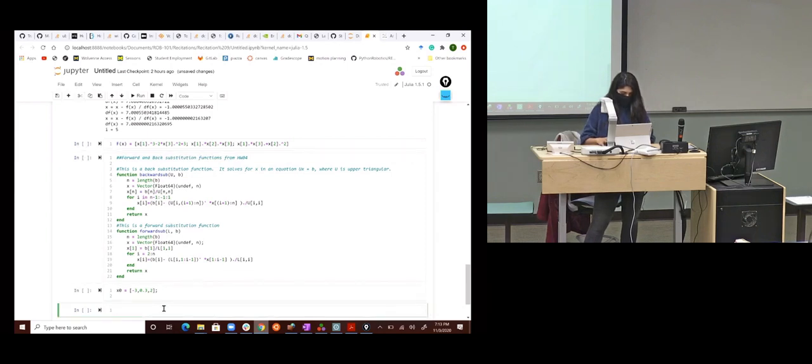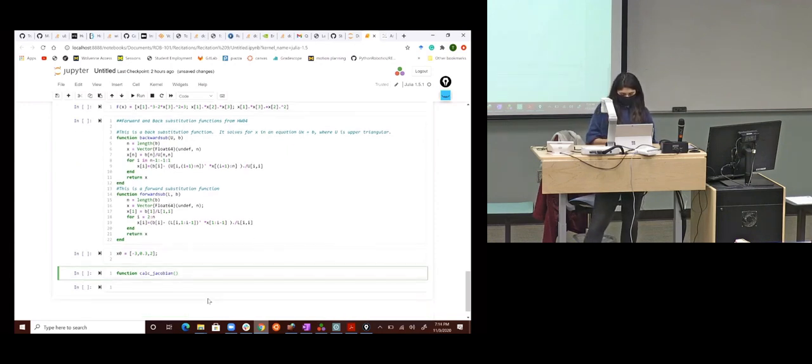And next thing is I want to get a function called calculate Jacobian using forward difference method, right? This function will take our function f and a vector x naught and a value h.